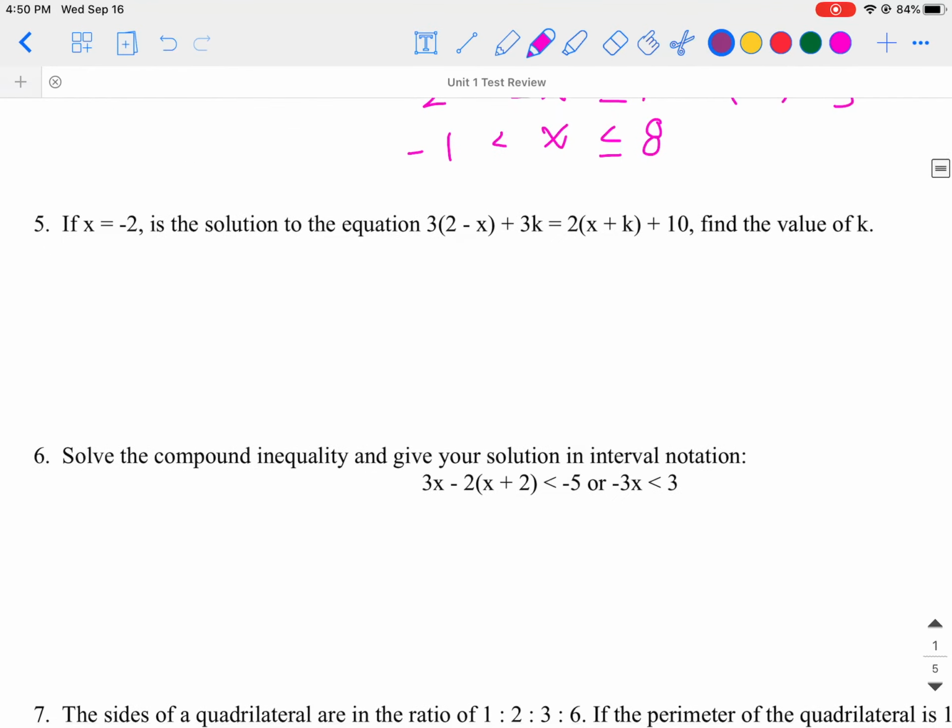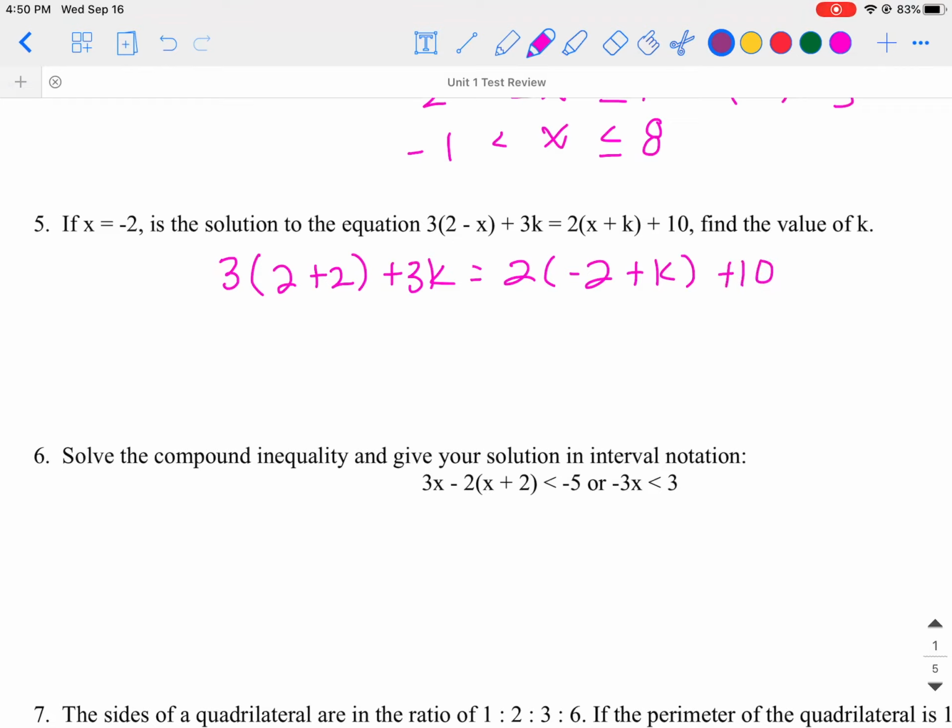Number 5, if x is negative 2, solve this equation for k. So everywhere there is an x, we're going to put a negative 2. So that would be 3, that would become 2 plus 2 because we have two negatives, plus 3k equals 2, parentheses, negative 2 plus k, plus 10.